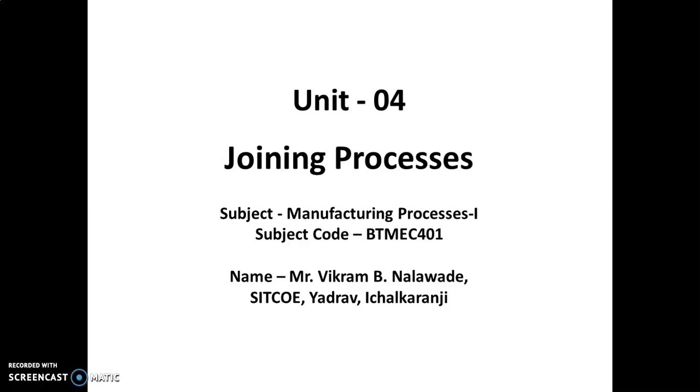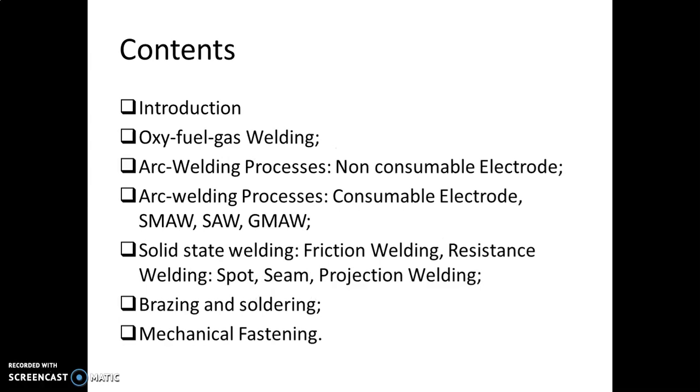Today we will discuss unit number 4, that is joining processes. It is a part of the subject Manufacturing Processes 1. In this presentation we will cover the introduction of welding process, oxy-fuel gas welding, arc welding processes for consumable and non-consumable electrodes, solid-state welding, brazing and soldering, and mechanical fastening.